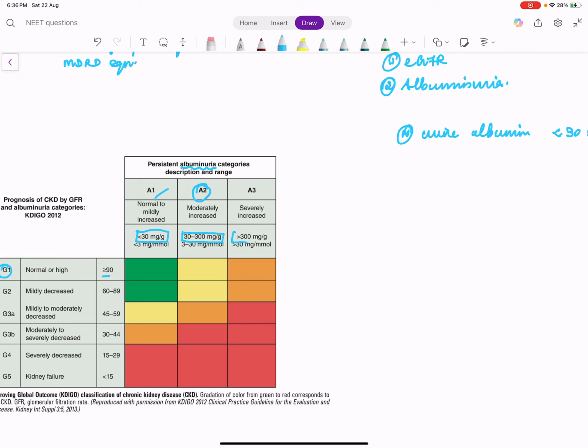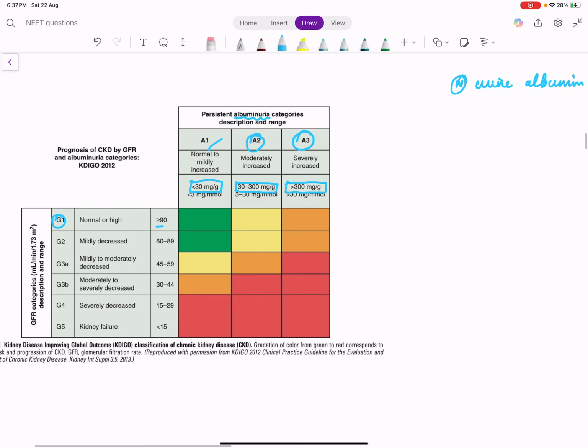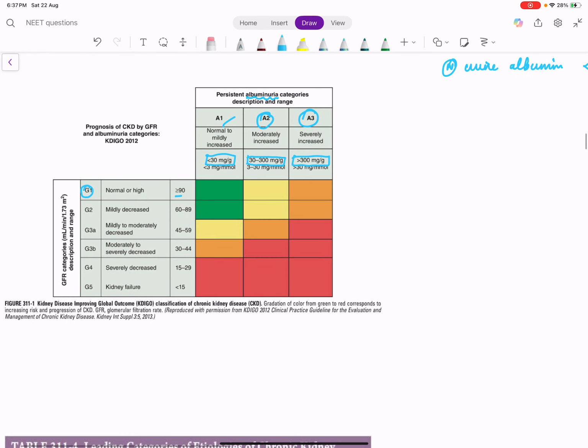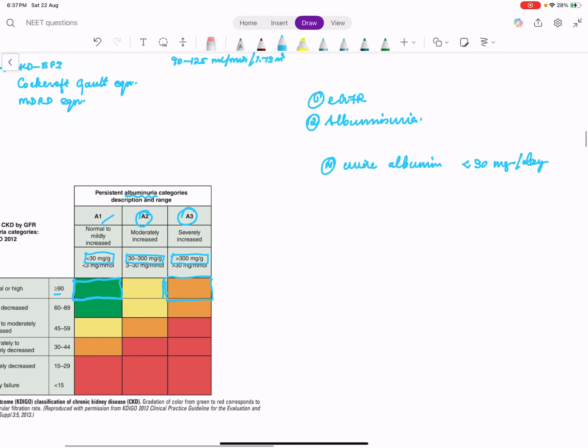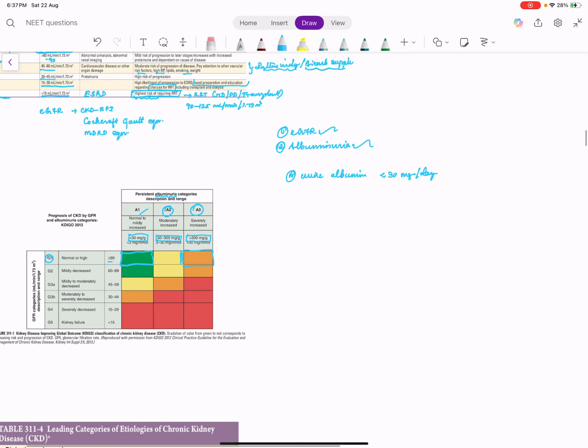When the protein is more than 300 milligrams, we call it as A3. Okay, so less than 30, 30 to 300, more than 300. So you can see, if it is G1 and there is no albuminuria, it is safe. But the same G1, if there is an albuminuria, there is a risk of progression. So just you have to understand this. We have to see always two things in CKD, eGFR and albuminuria.